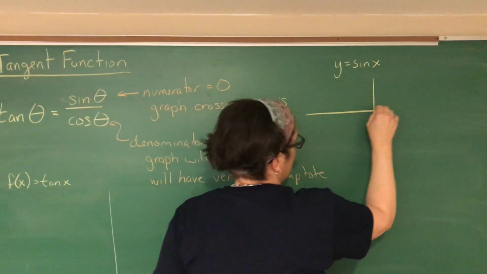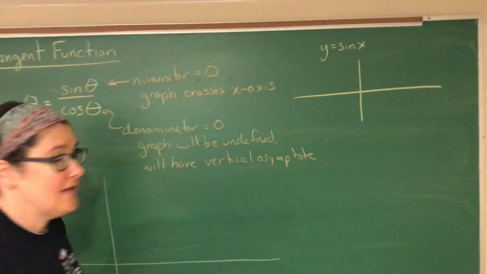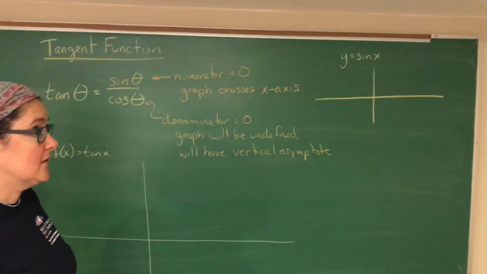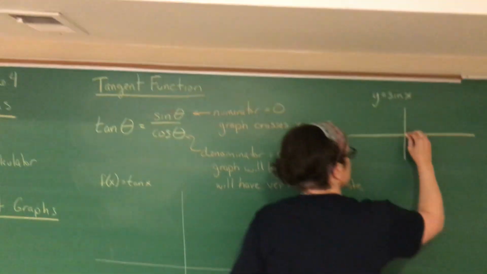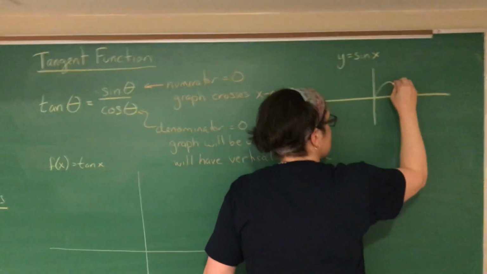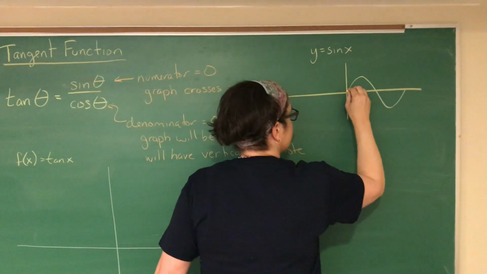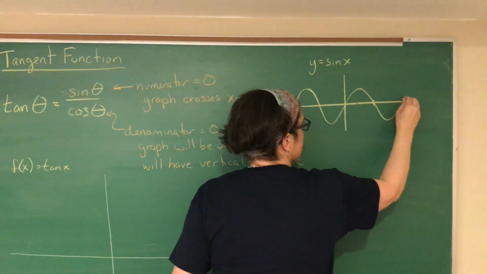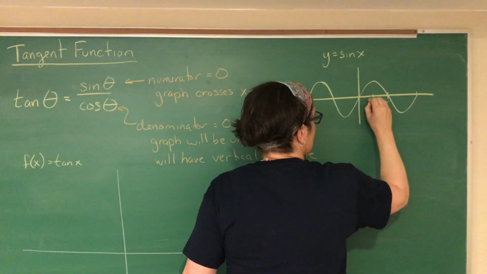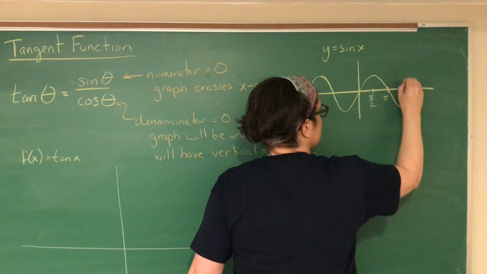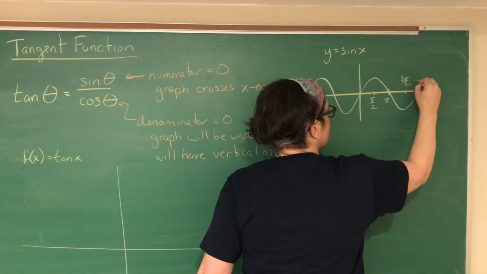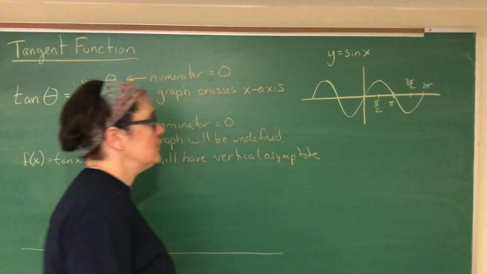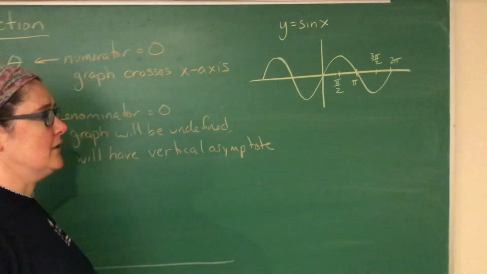Well, the graph of y equals sine x, take a minute and think about what that looks like. Okay, this is our parent function, the sine function, and so this sine function, if I draw a couple of periods of the sine function and mark a couple of values on it, so we can mark pi over 2, pi, 3 pi over 2, and 2 pi.